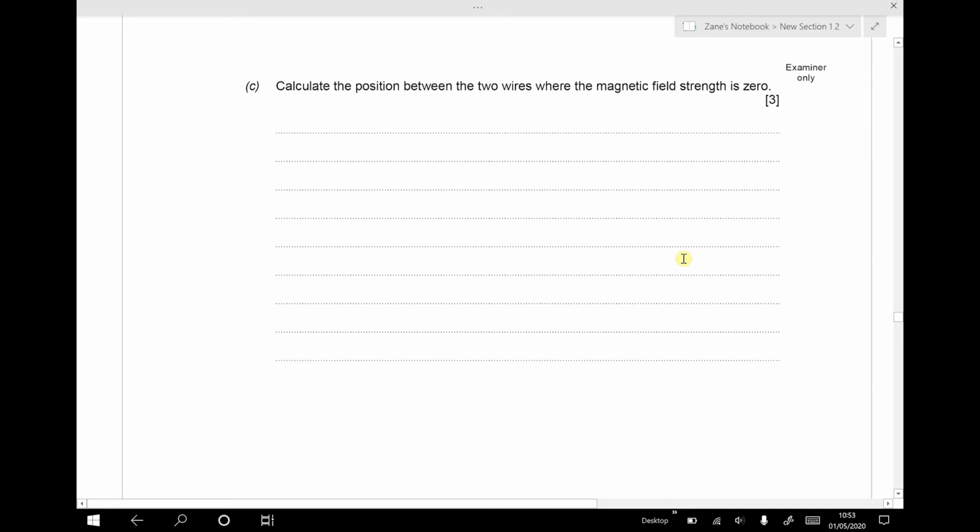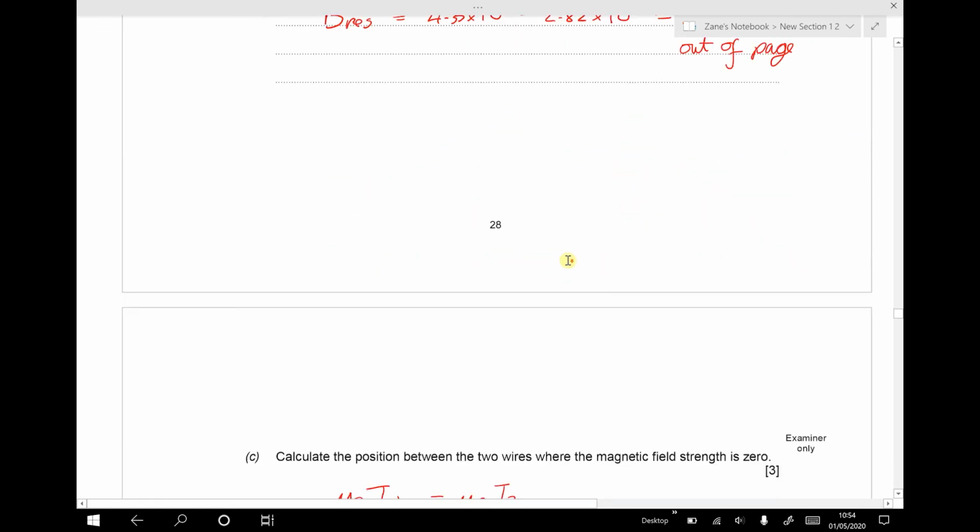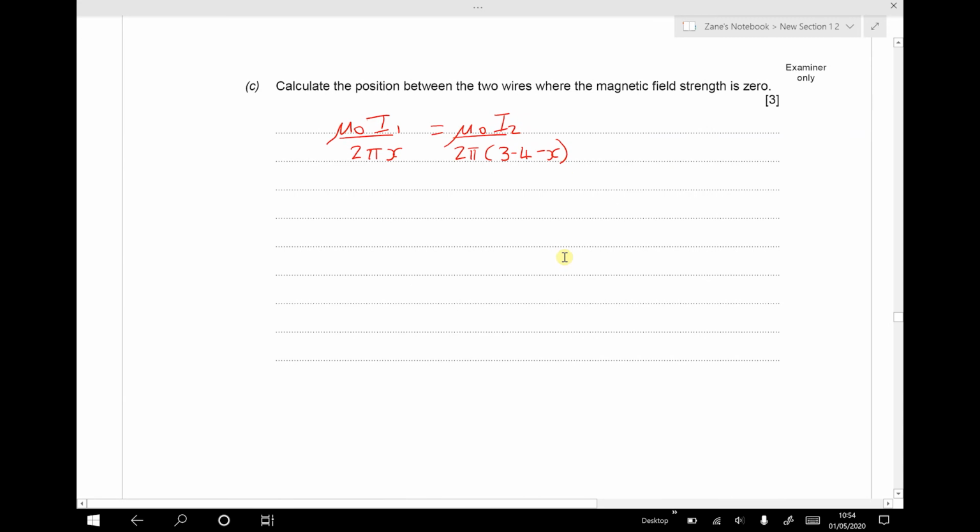So what we will have is mu naught I1 over 2 pi x will be mu naught I2 over 2 pi times 3.4 minus x. And I can leave that in centimetres so long as I remember that my final answer will be in centimetres. Let's do a load of cancelling.